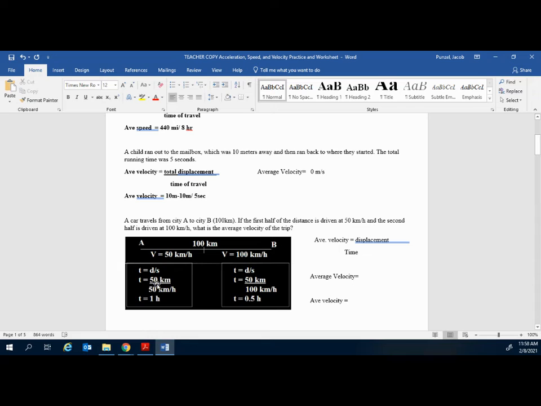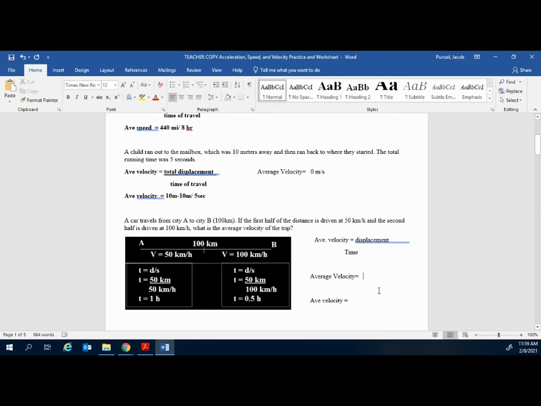So we went 50 kilometers at 50 kilometers an hour, so again, the first half, which would be 50 of this 100. If we do 50 kilometers divided by 50 kilometers an hour, our time to go the first half is 1 hour. We do the same thing for the second half of the trip, and we figure out that it takes 0.5 hours.